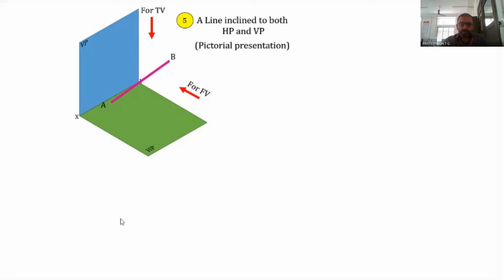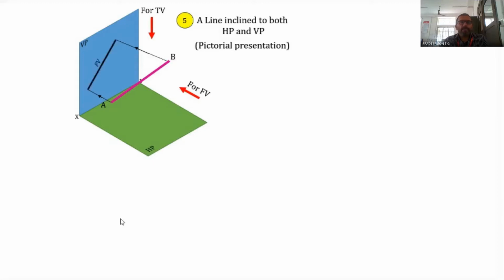To get the front view, we project the endpoints of the line, that is, the points A as well as B, to the VP. These two points are marked as A dash and B dash. Then we join A dash and B dash in order to get the front view, as we did in the previous cases when the line was parallel to one of the planes.